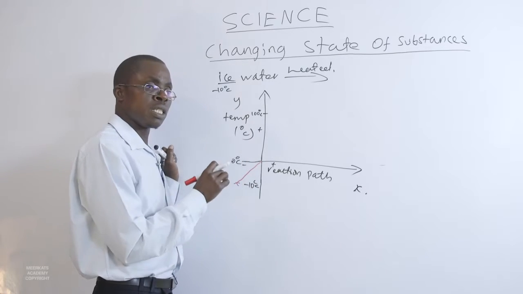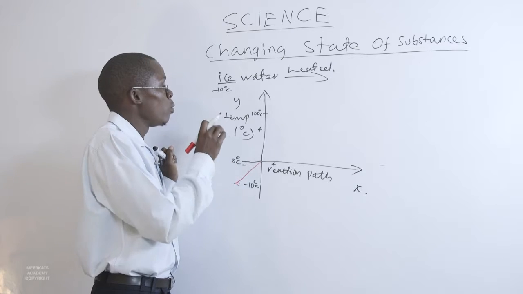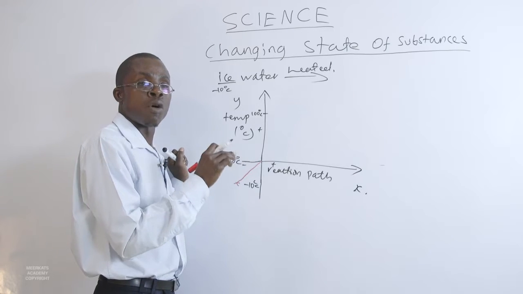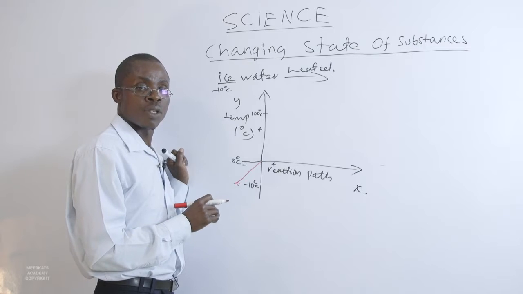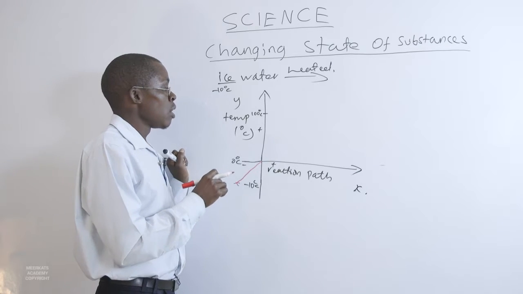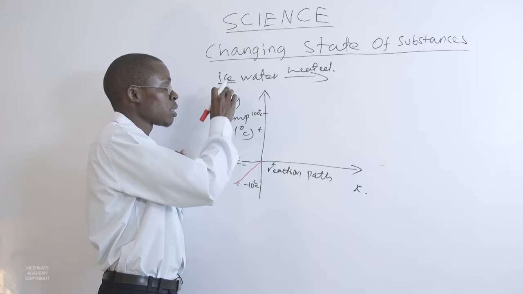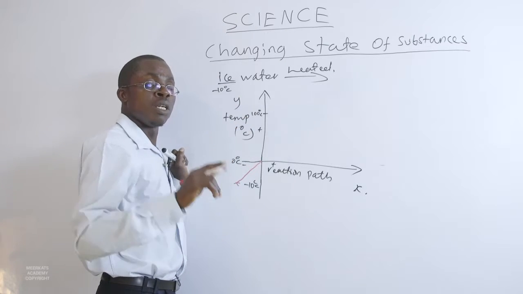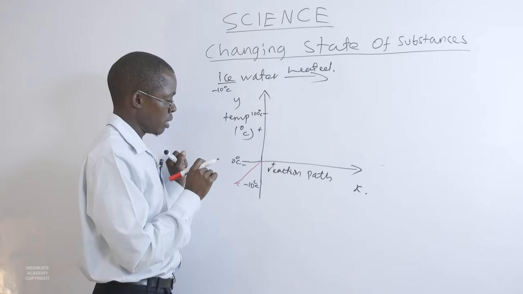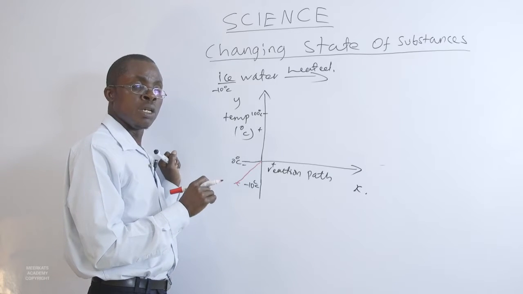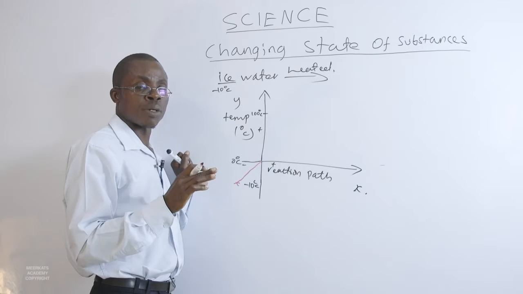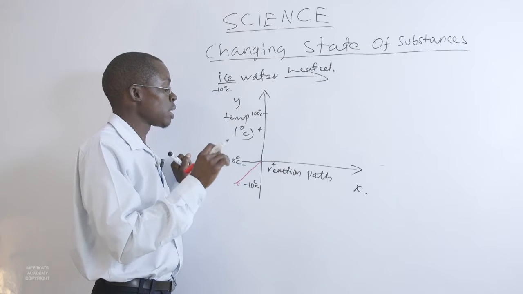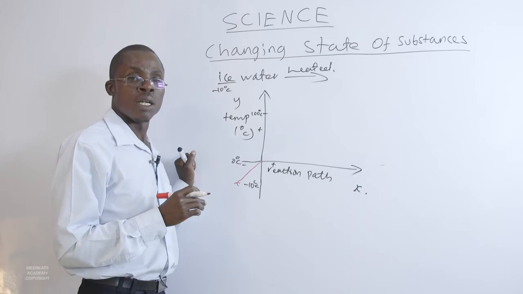But on reaching 0 degrees centigrade, which is the melting point of a substance at sea level, and the substance here is ice water, and remember, the water must be pure, then the heat energy will do a different purpose, and that is it will start breaking the bonds.